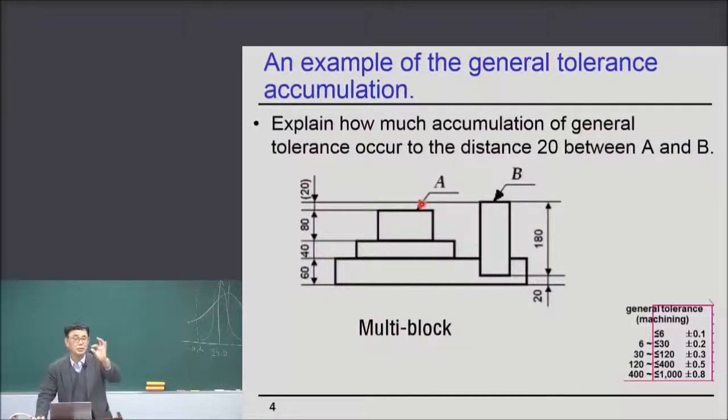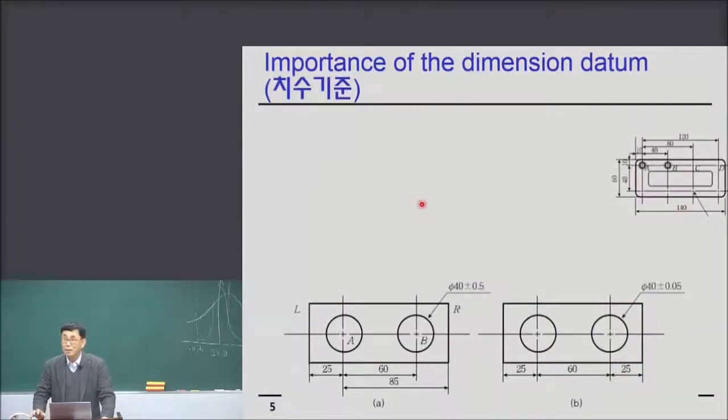Only 20 millimeter, but accumulation of general tolerance is plus minus 1.6. It is a huge accumulation of the general tolerance. Okay? So please understand the meaning of the accumulation of general tolerance. Very important concept.